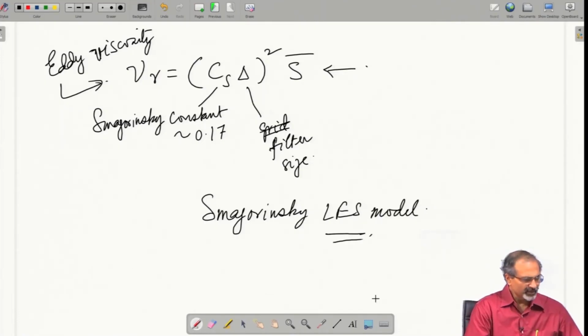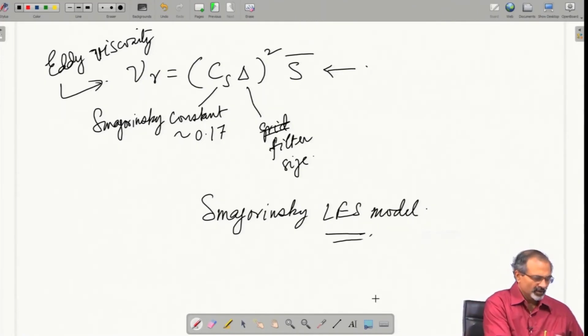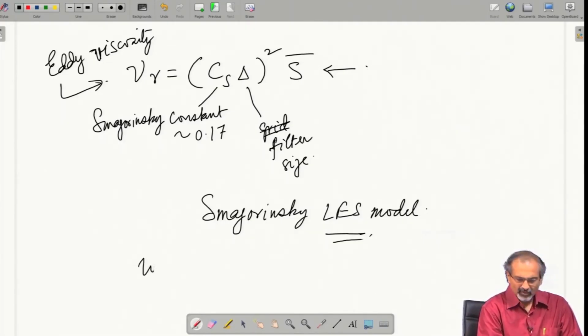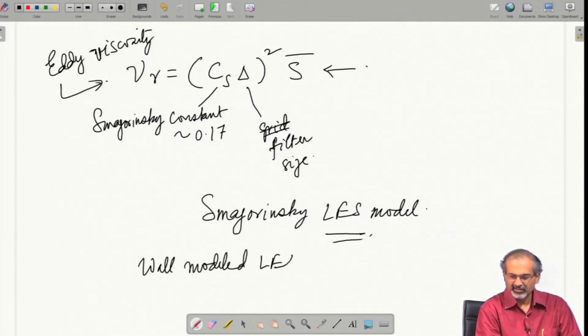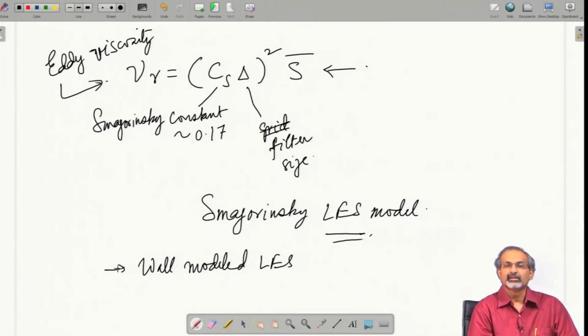Remember that in large eddy simulation, you could go for a wall modeled large eddy simulation, where near the wall, instead of resolving very close to the wall, you try to use the law of the wall kind of relations, and then try to impose the large eddy filtered approach beyond that level when you go into the core part of the flow.